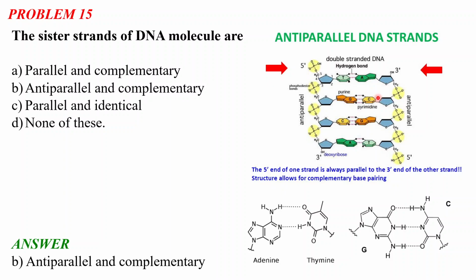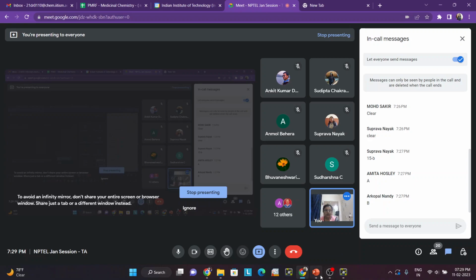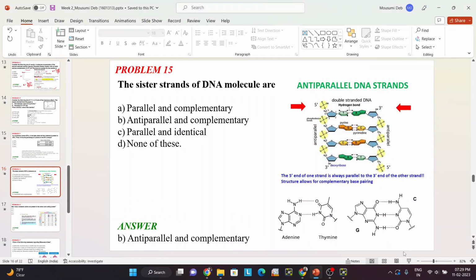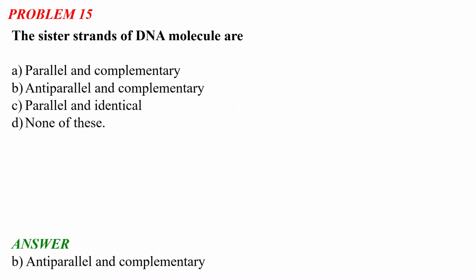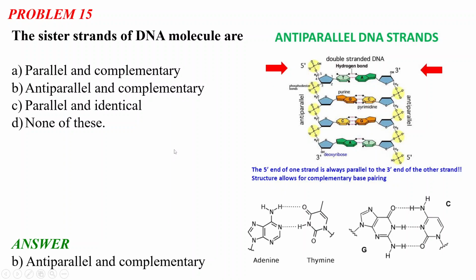Adenine forms hydrogen bond with thymine and guanine with cytosine. So I think it is clear. It was a rather normal question. That's how it is antiparallel and complementary DNA strands, the sister strands of the DNA molecule.